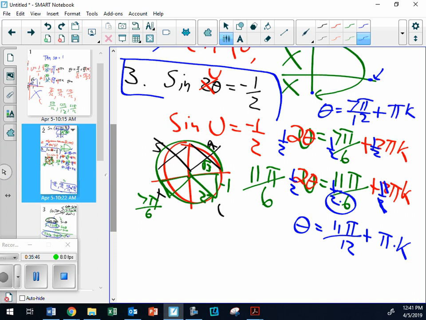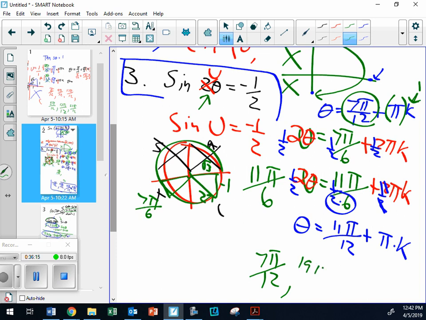And then, since I need 4 answers because this had a 2 theta in there, my first answer is putting in k equals 0, and I get 7 pi over 12. Then I put in k equals 1, and I have to add 12 pi over 12 to the 7.